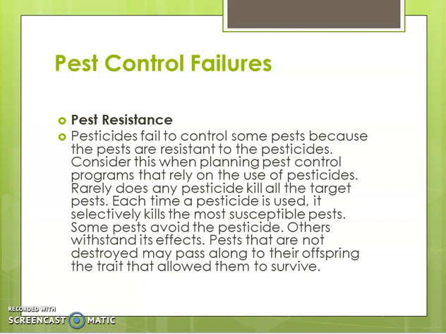Rarely does any pesticide kill all the target pests. So each time a pesticide is used, it is selectively killing the more susceptible ones, so the stronger ones will survive. So some pests avoid the pesticides, others withstand its effect. Pests that are not destroyed may pass along to their offspring the trait that allows them to survive.